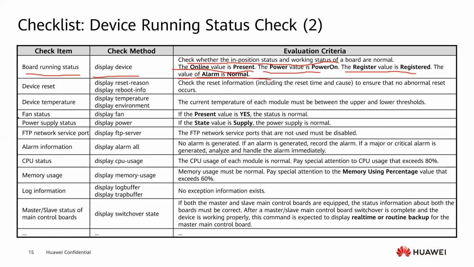We can also check the fan status. We use display fan, and for the CPU status we use display cpu-usage. I think this command and the check item are easy.